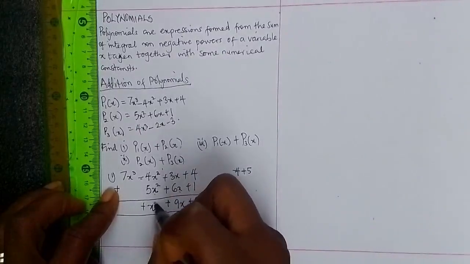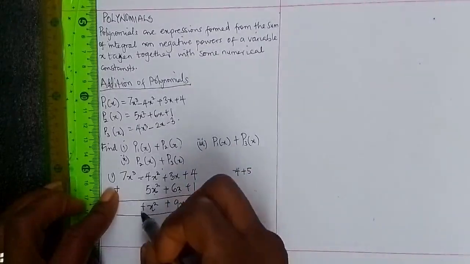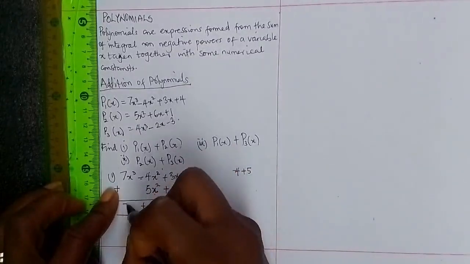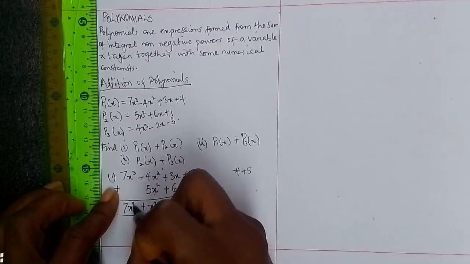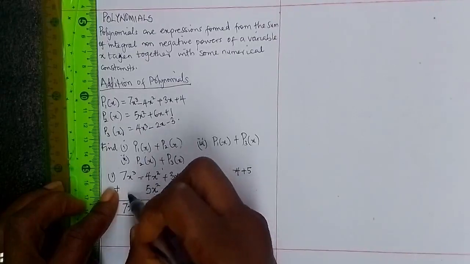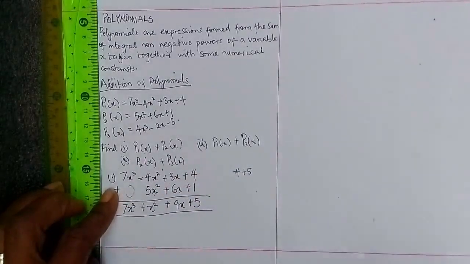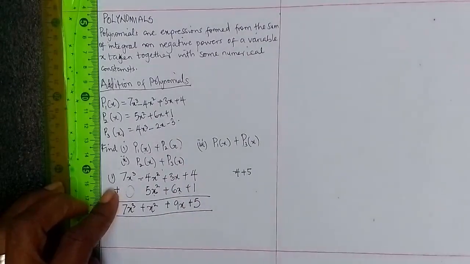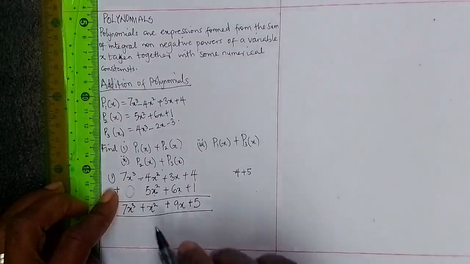Plus x squared. That's plus 1. Then we bring down the last term, because 7 plus nothing here, we assume here is 0, still gives us back a number. So when we added p1 plus p2, it gave us 7x cubed plus x squared plus 9x plus 5. Now let's try the second one.